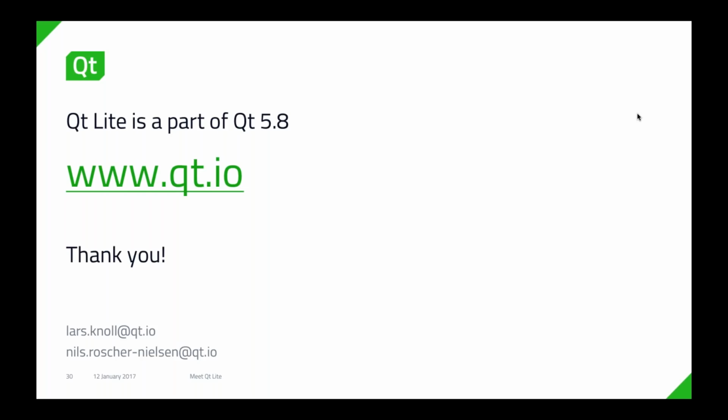Yes, Qt Creator already has the kit support that allows you to define different Qt versions for different targets. And extending that to also cover different configurations, like through the Qt Lite feature system, is something that I think would be fantastic to have, and it's clearly something that we will be working towards as we move now towards Qt 5.9 and 5.10.